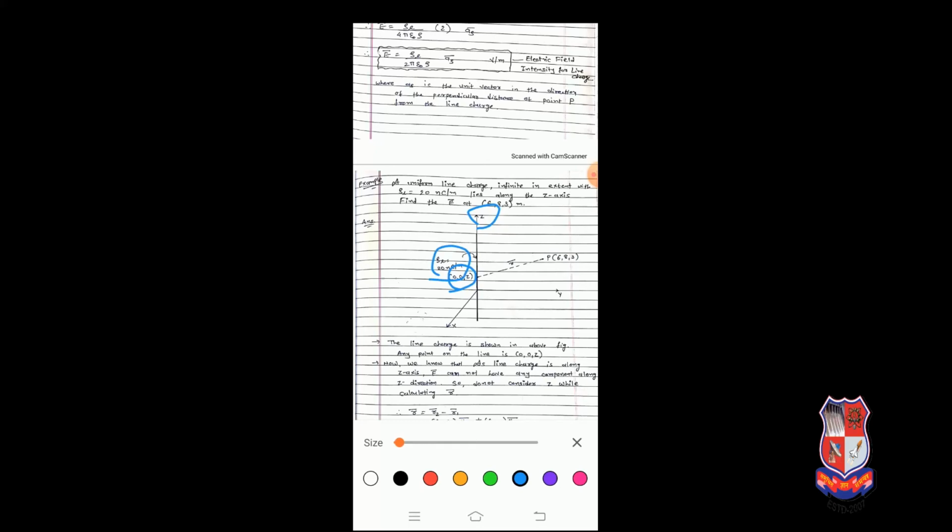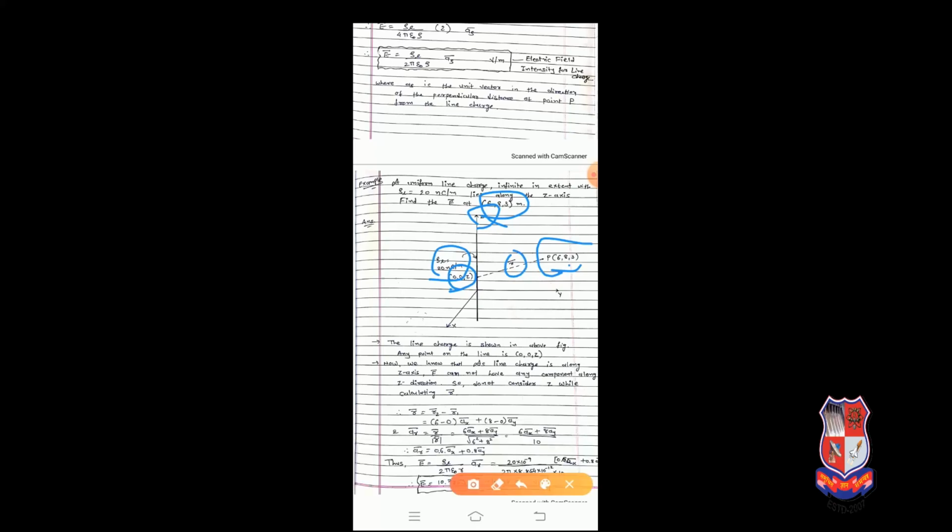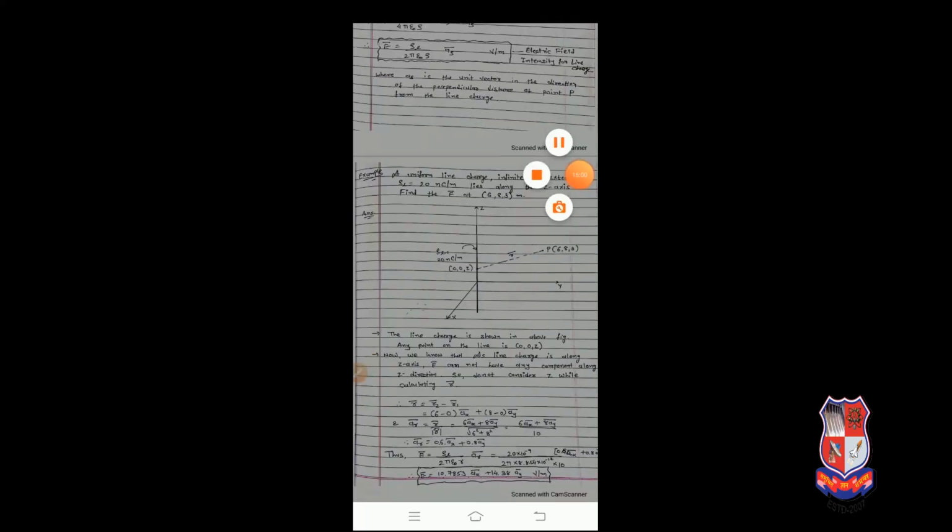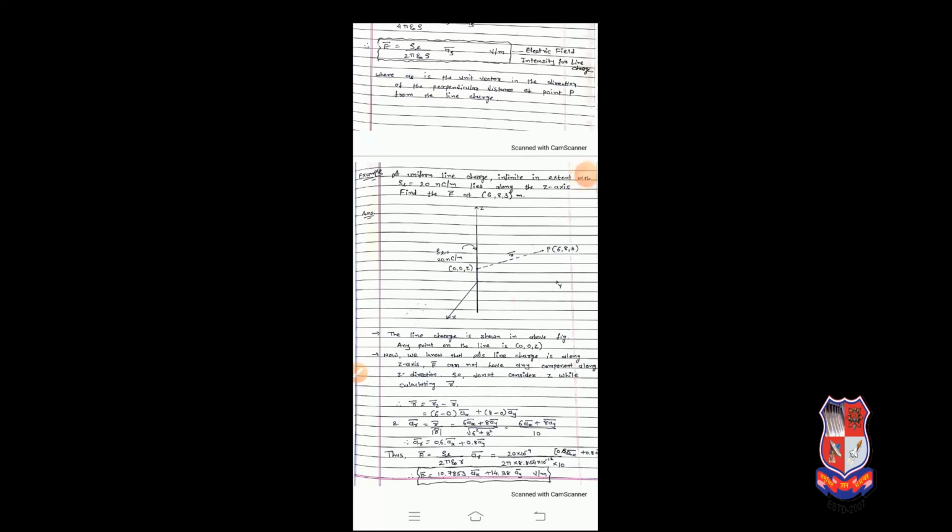Now here we have given the point (6, 8, 3). Suppose we are taking point P (6, 8, 3). So the distance from this point to this point, suppose we are taking vector r. Now we know that as the line charge is along the z-axis, vector E cannot have any component along the z direction. So do not consider the z component while calculating the vector r.